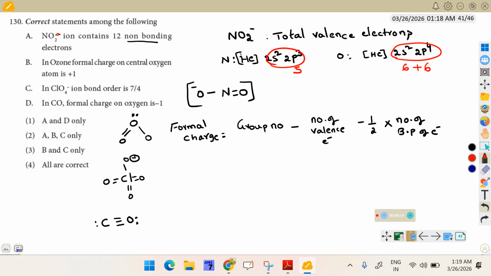And the negative charge of NO2 minus contributes 1 electron. Total number of valence electrons, 18 electrons, are present. Here the question is to calculate the non-bonding electrons. Non-bonding electrons equal the total number of electrons minus bonding electrons.